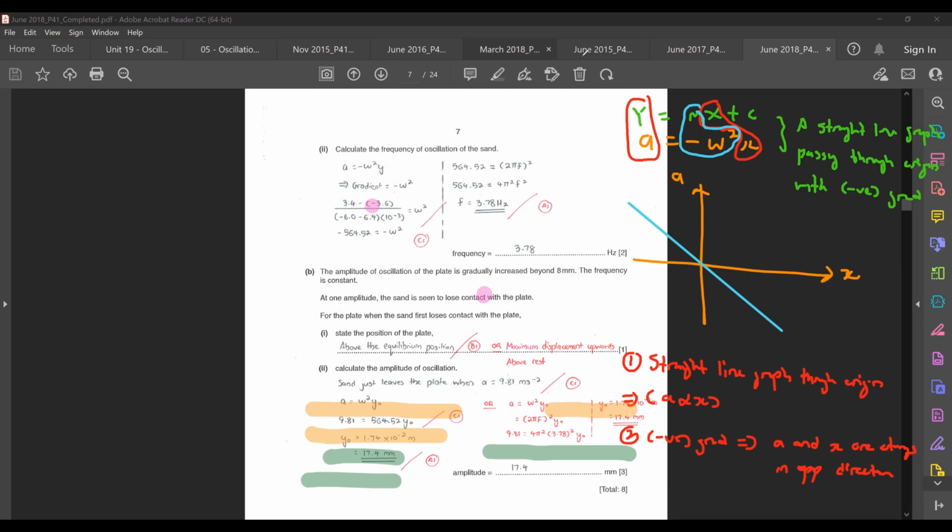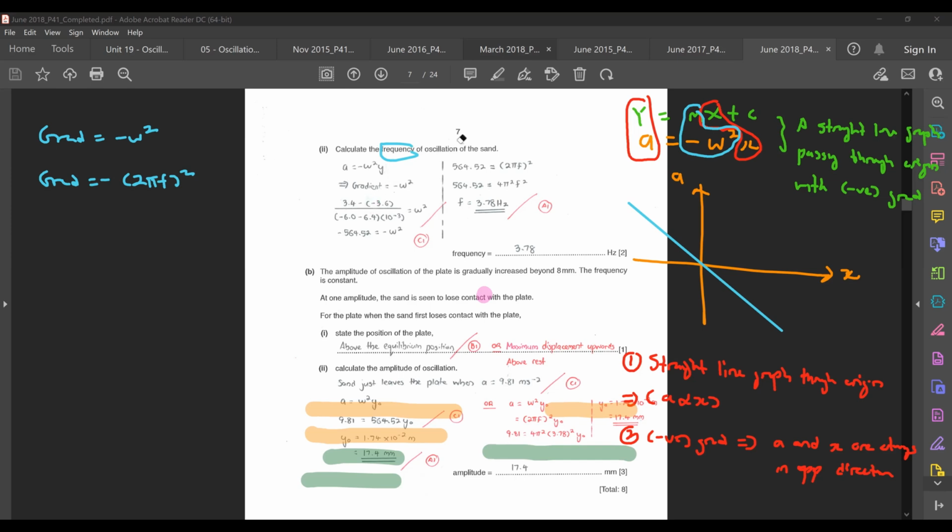So here, gradient is negative omega squared. Then from here, they want the frequency, right? So gradient is actually negative (2 pi f) squared. So you find your gradient from the graph, and then after that, you equate it to negative (2 pi f) squared.